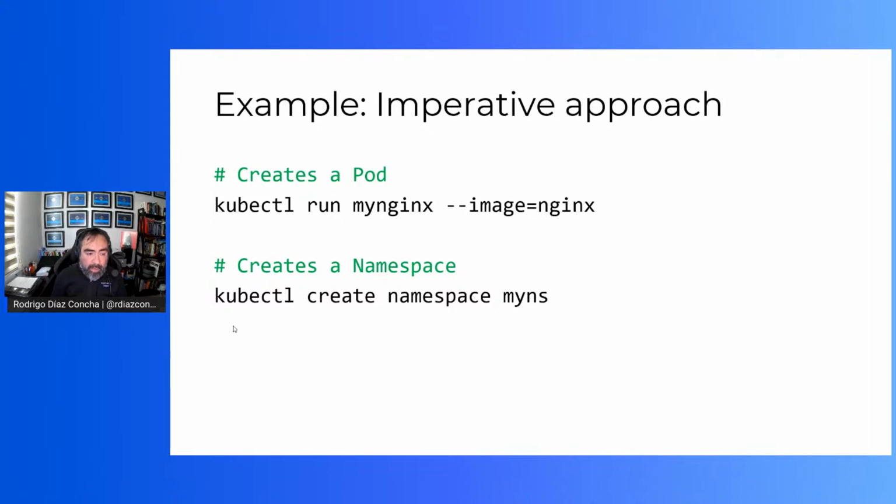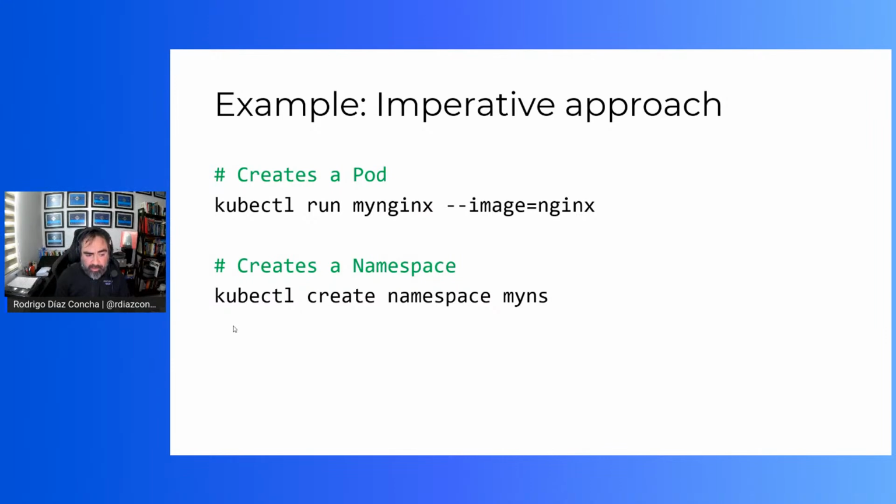So here's an example of creating a pod by using kubectl run. Kubectl run is the command that we use to create a pod. In this case, it's creating a my-nginx, that's the name of the pod, and it's using the nginx image. If you don't specify a fully qualified name, it's going to use the Docker Hub registry, which is the default, okay?